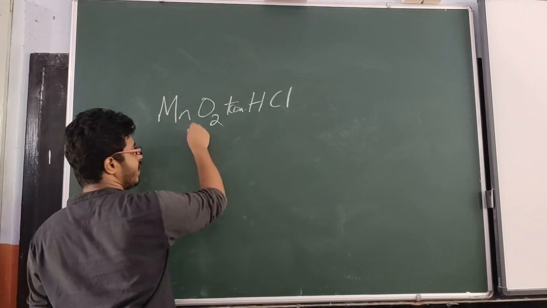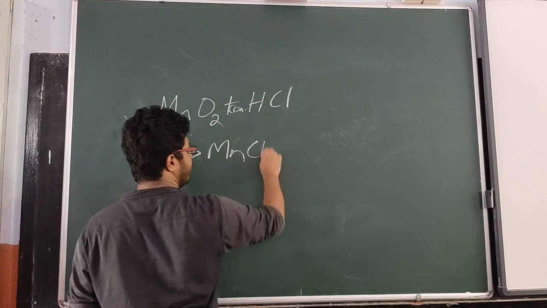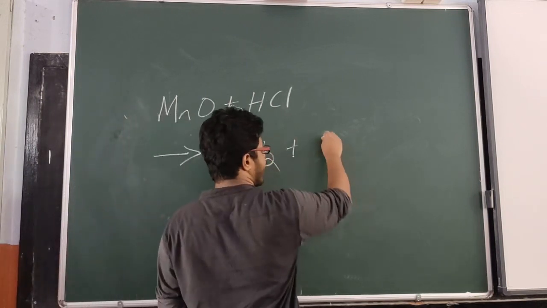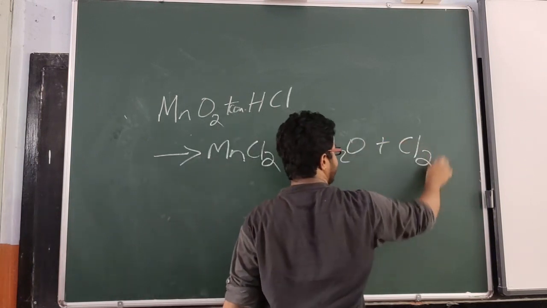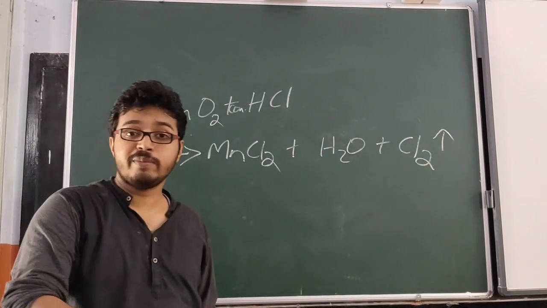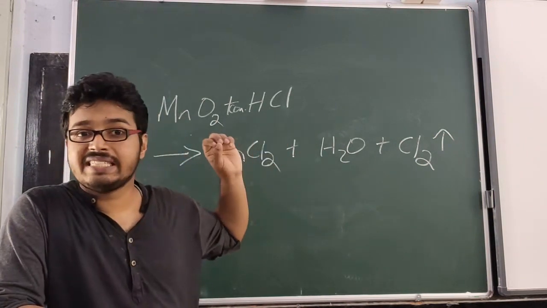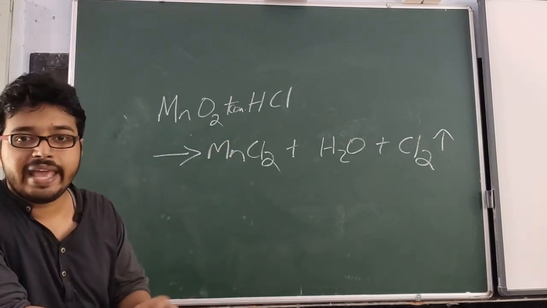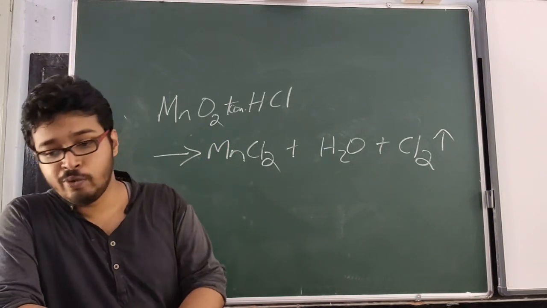After that, if we add MnO2, the products that we obtain are MnCl2, that is manganese chloride, plus H2O, and the last product, which is more important, that is Cl2. Cl2 is a greenish colored gas. So the observation is a greenish colored gas having a pungent smell is evolved.